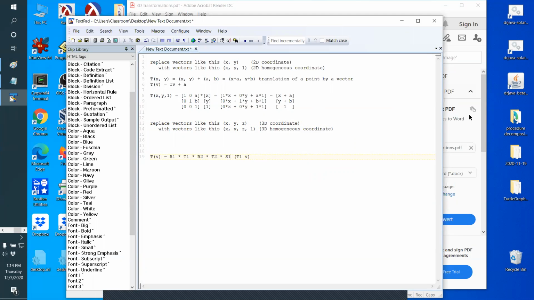Then you do that. So if I think of it as grouped, first you translate it, then the result gets scaled. Then the result gets translated. Then the result gets rotated.